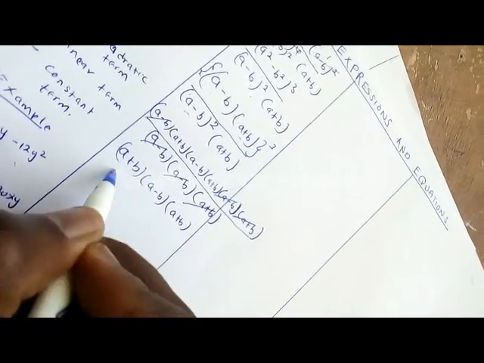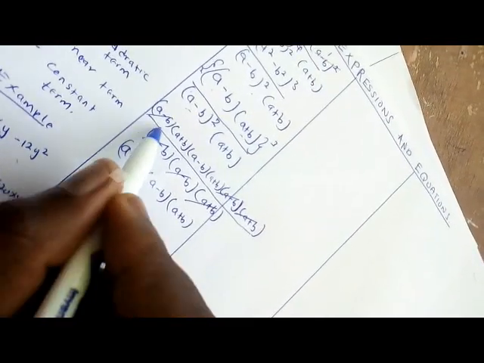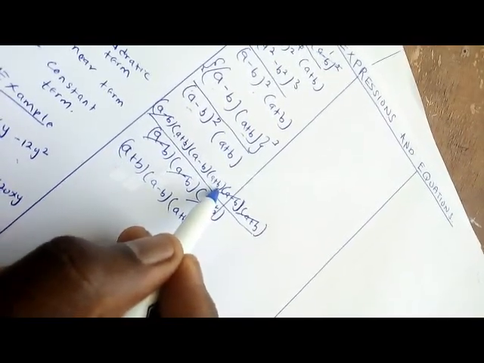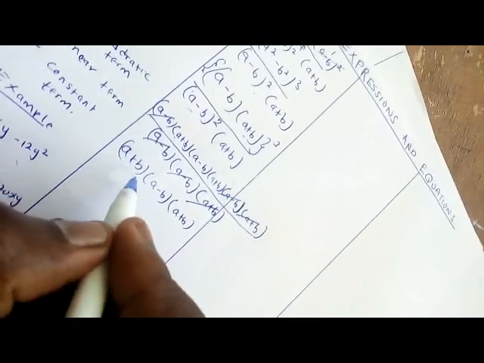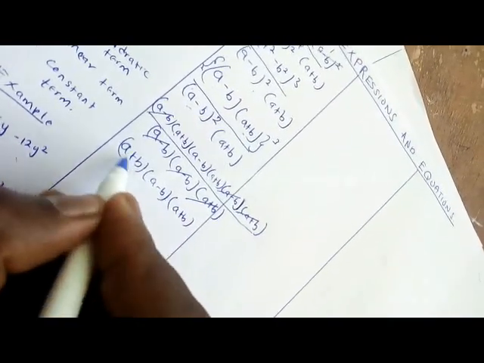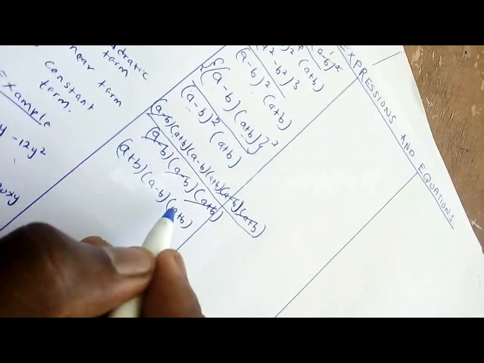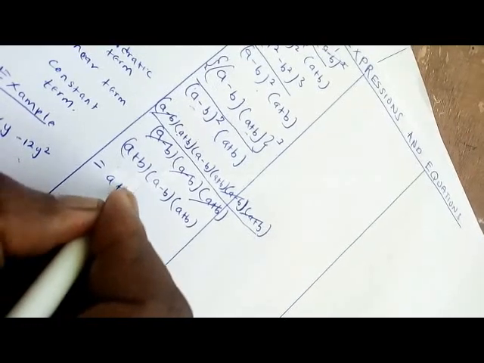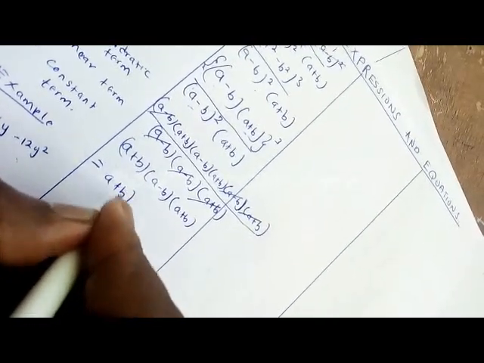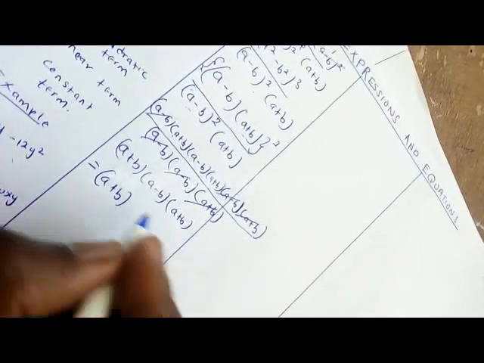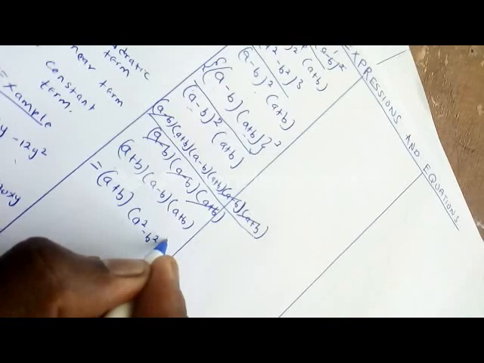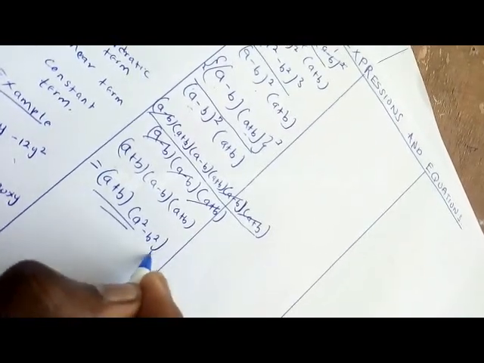Now when you multiply these ones, you'll find that your answer will be (a plus b) into brackets, then you have (a squared minus b squared), and that one will be the answer to that question.